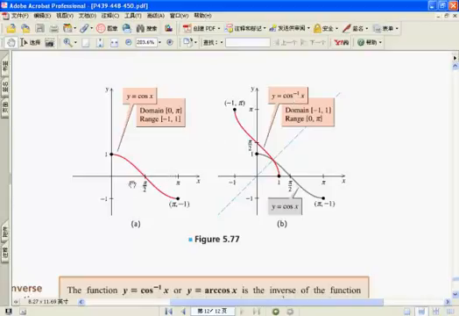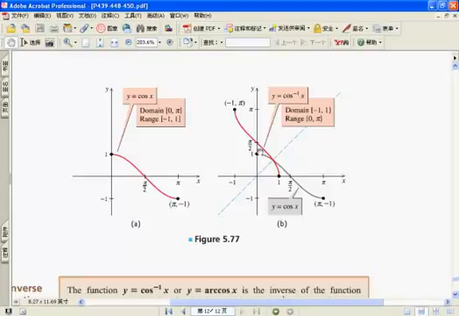The domain of this restriction is 0 to pi, and the range of this restriction is from -1 to 1. Then the domain of the inverse cosine function is equal to the range of the restriction, so its domain is the interval from -1 to 1.